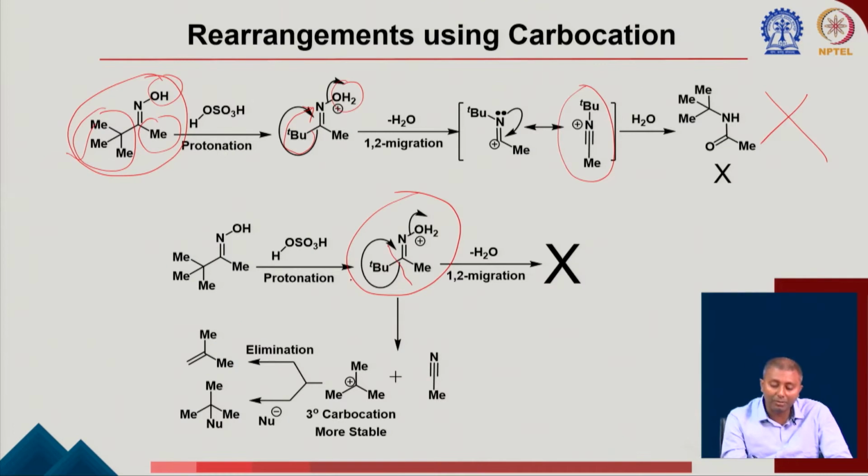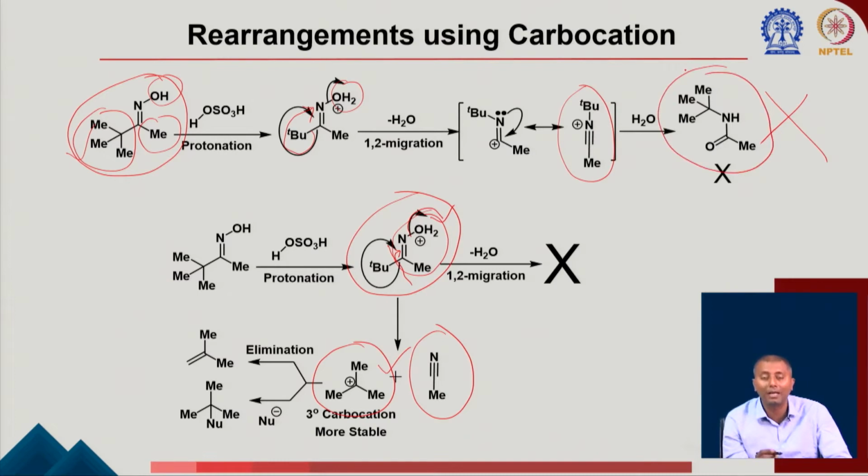This carbon and the tert-butyl group bond gets fragmented, which generates the more stable tertiary carbocation, and then the rest of the part, as there will be a positive charge here, this bond can push to form the triple bond and release the water. So there will be a heterolytic cleavage to generate this type of carbocation, and then you end up getting the corresponding nitrile.